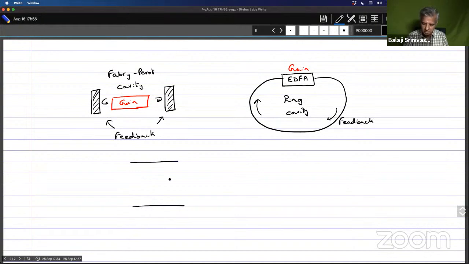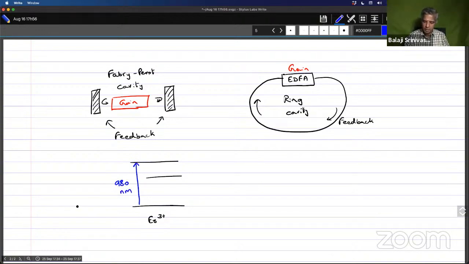Let's say once again, since we're talking about erbium doped optical amplifier, let's say this is like an erbium ion that we have, and we are pumping with, let's say, a 980 nanometer photon.